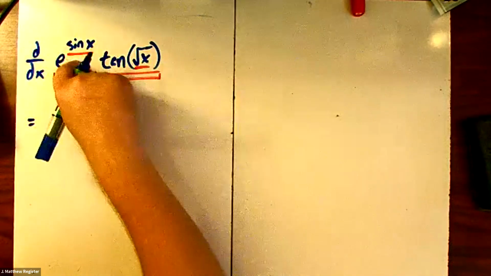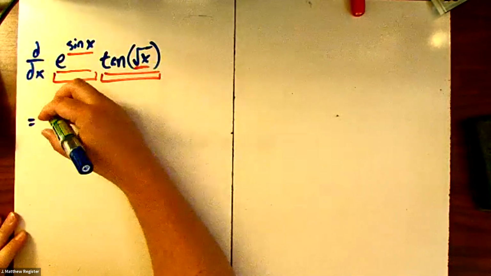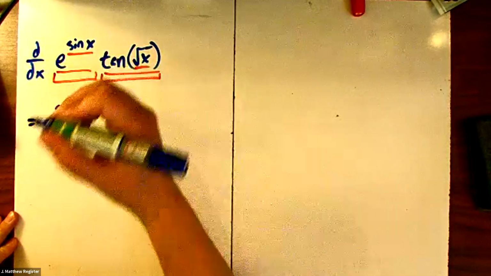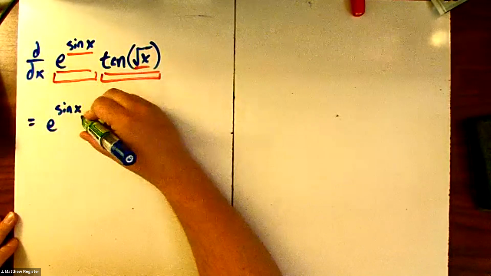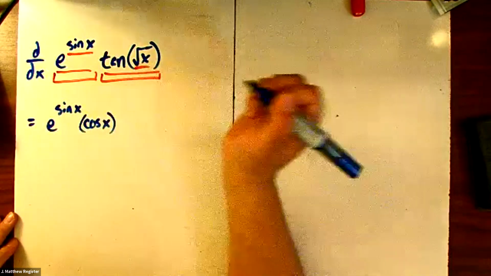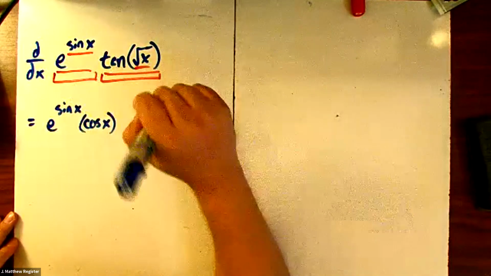The derivative of e to the sine of x. Well, the derivative of e to the stuff is e to the stuff. And the derivative of that stuff, derivative of sine, is cosine of x times our tangent.